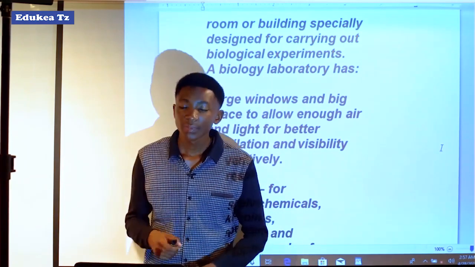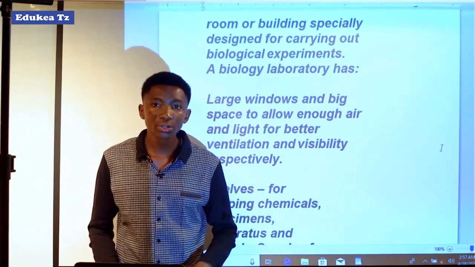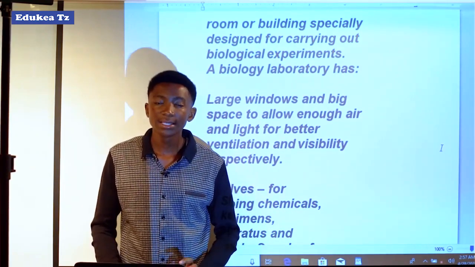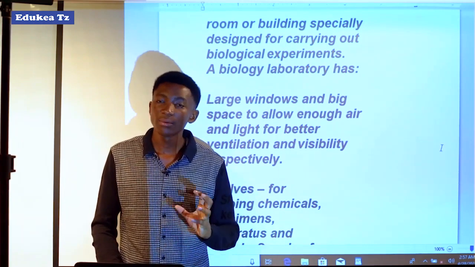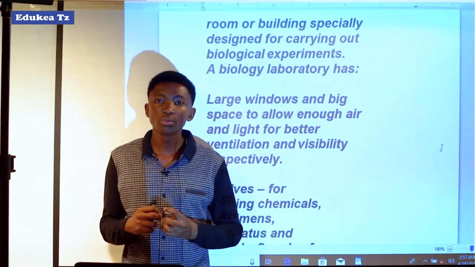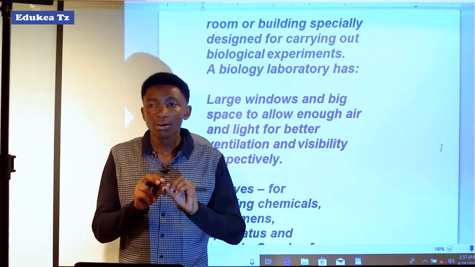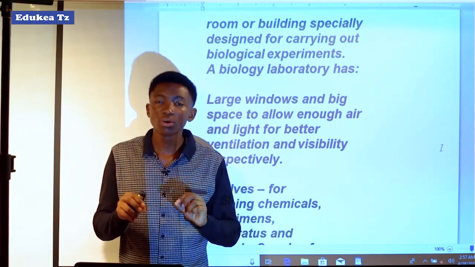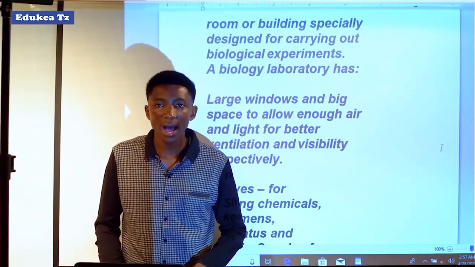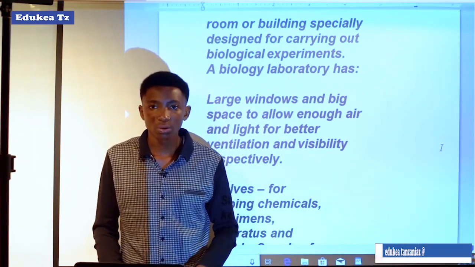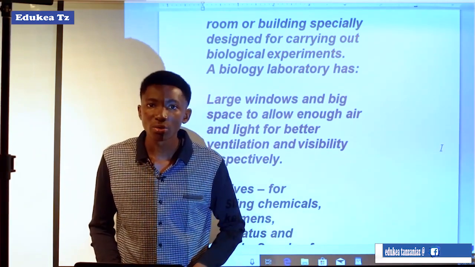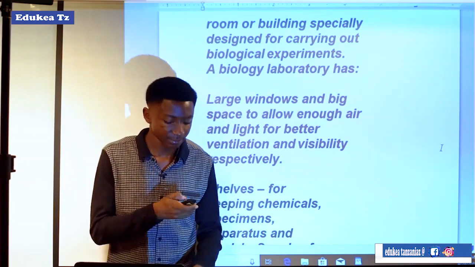This means that the biology laboratory is a special room designed for doing experiments and practicals that should be done under biological investigation.